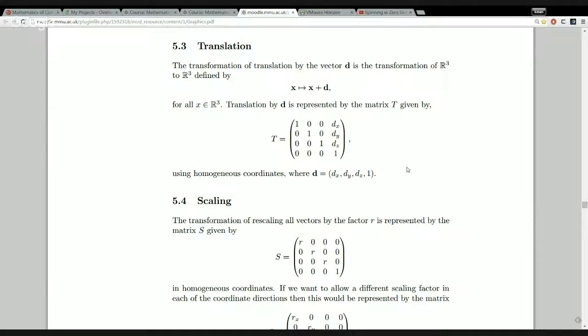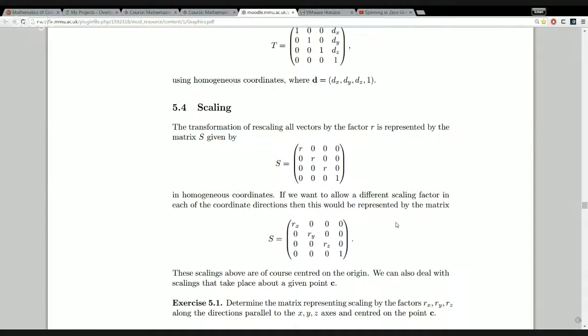Okay. Scalings are nearly as straightforward. If we want to scale everything about the origin, so rescale the length of all vectors by a scaling factor of r, then we simply multiply the four-component homogeneous vector by this matrix X. So if you have a position in 3 dimensions and you multiply its 4-dimensional homogeneous coordinate vector by this matrix, it rescales it by the factor r.